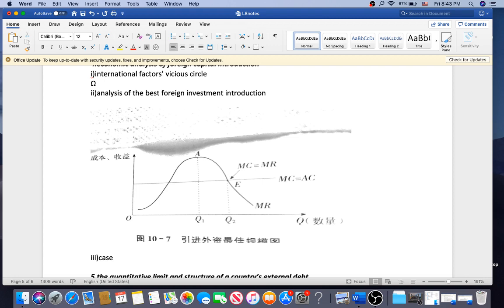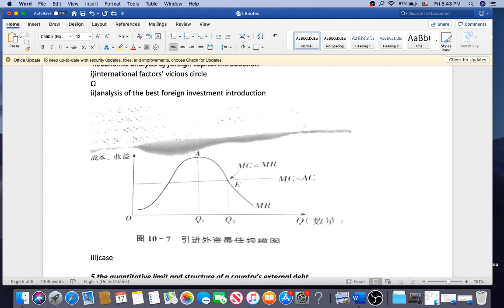Although point A achieves the maximum economic outcome per unit of external resources, the optimal point of output efficiency, it is not the point where the total economic benefit is the greatest.